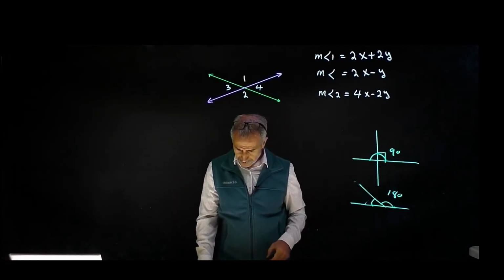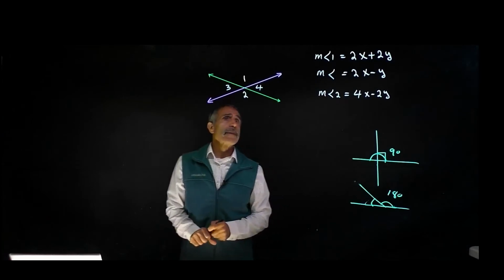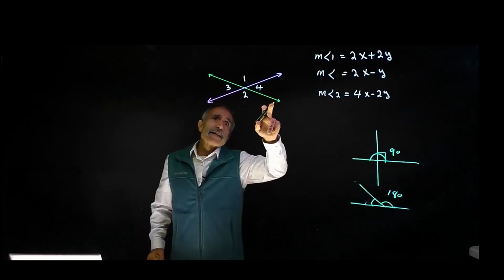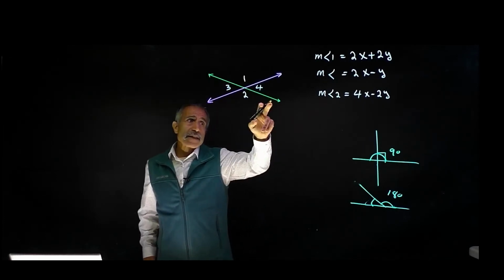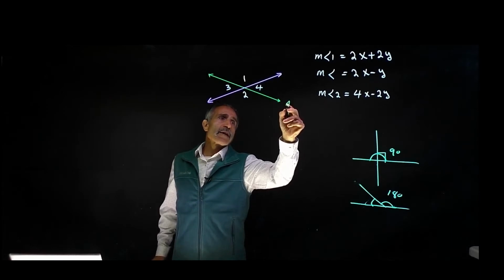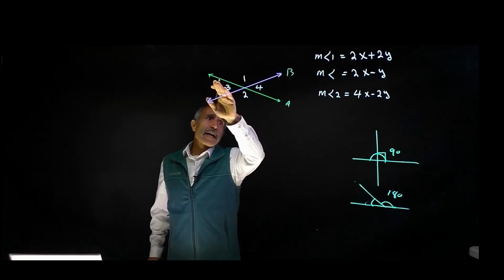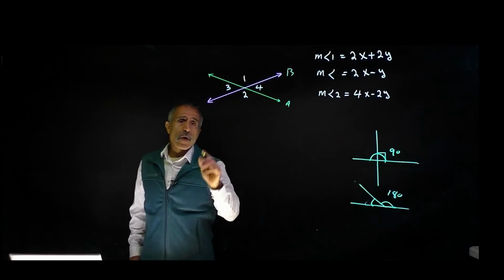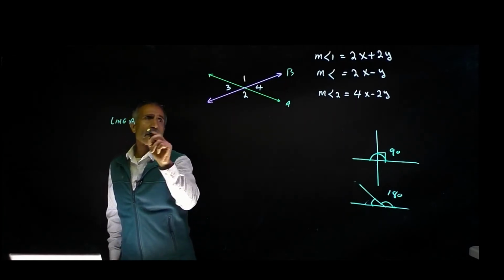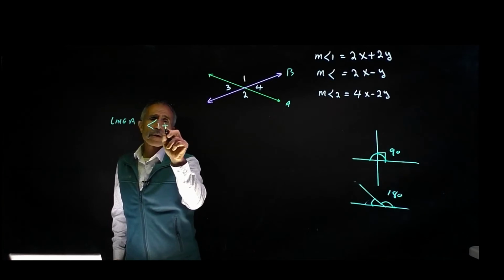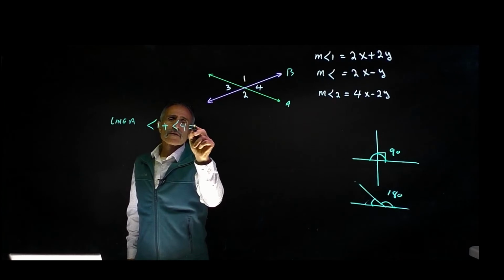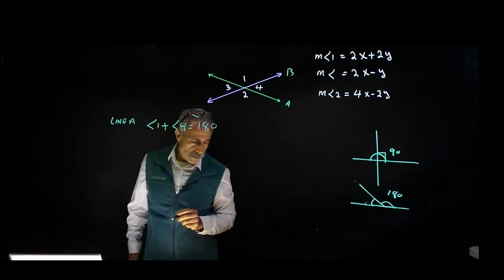All right, let's get to work. So I'm going to say this green line right there, let's call this, for example, line A and line B. In line A, I got angle 1 plus angle 4. That should come out to 180 degrees.